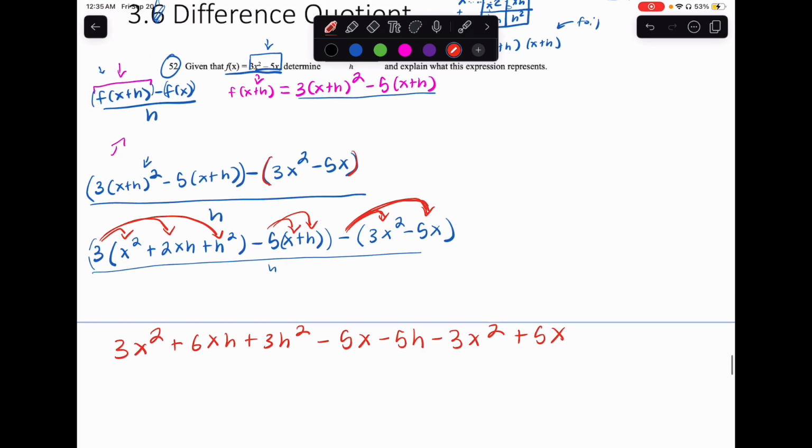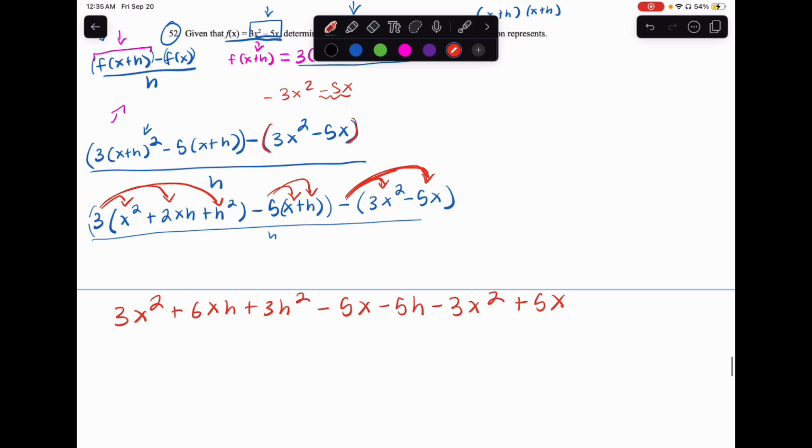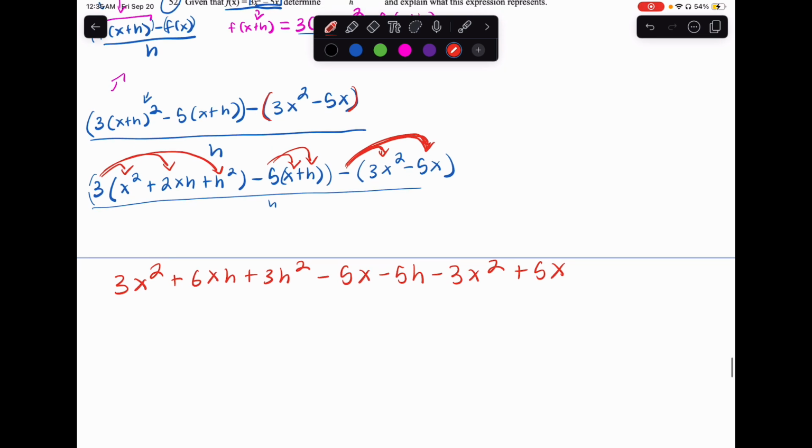If you didn't have the parentheses and had minus 3x squared minus 5x, it's very likely that you would have kept this as a negative 5x and thrown your answer off. In reality, you need to distribute the negative, which makes it a positive. So I'm going to erase this. Anyways, we have all of that over h.